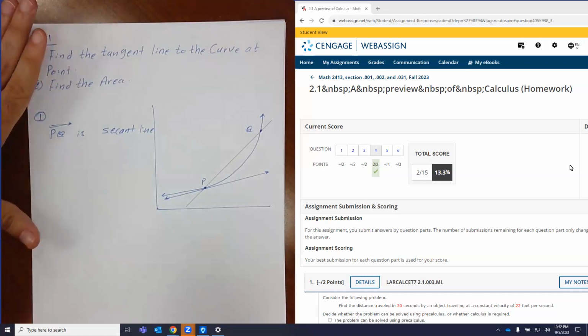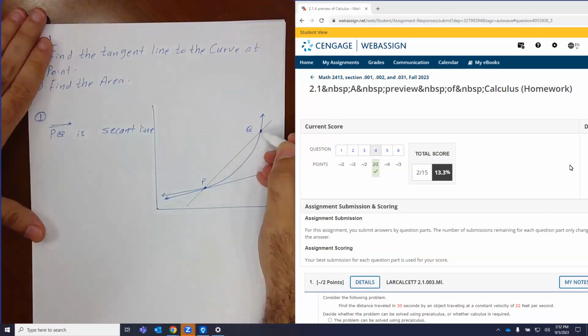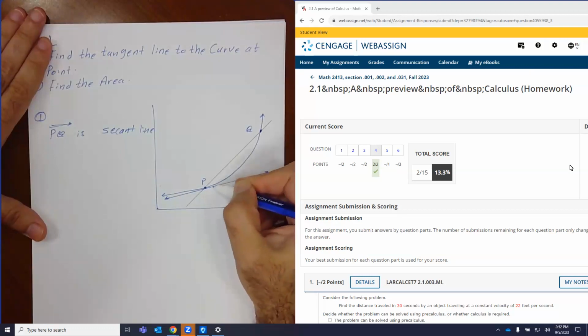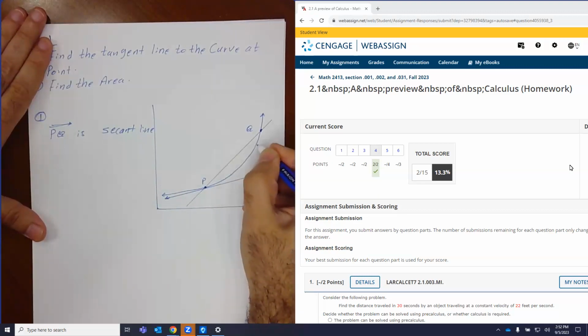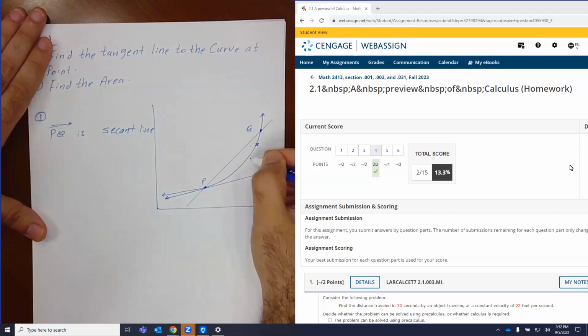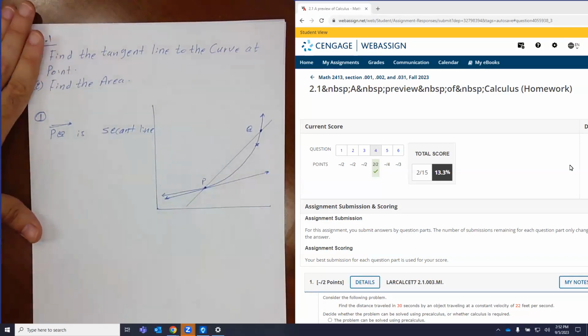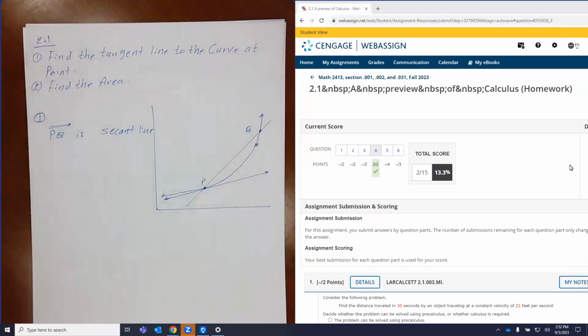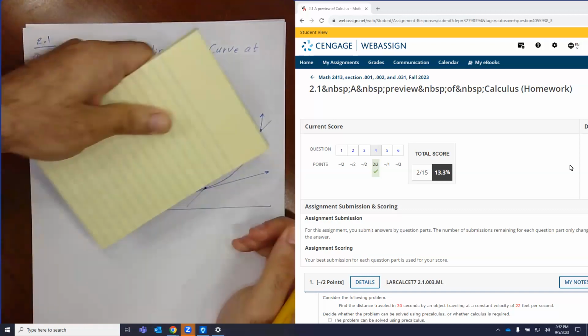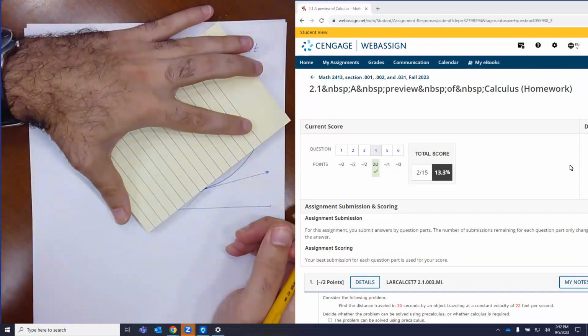So now, if you look here, as Q approaches the P on the curve, the location of Q is going to be here. Every time the point Q approaches the point P, we can get a new secant line. So here is our new secant line.